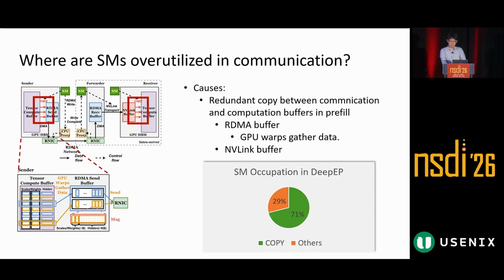More specifically, DeepEP keeps computation buffers and communication buffers separate. Data produced by attention must be copied into an RDMA send buffer, and later copied again through an NVLink buffer into the final tensor buffer. These redundant copies consume a large fraction of communication warps.